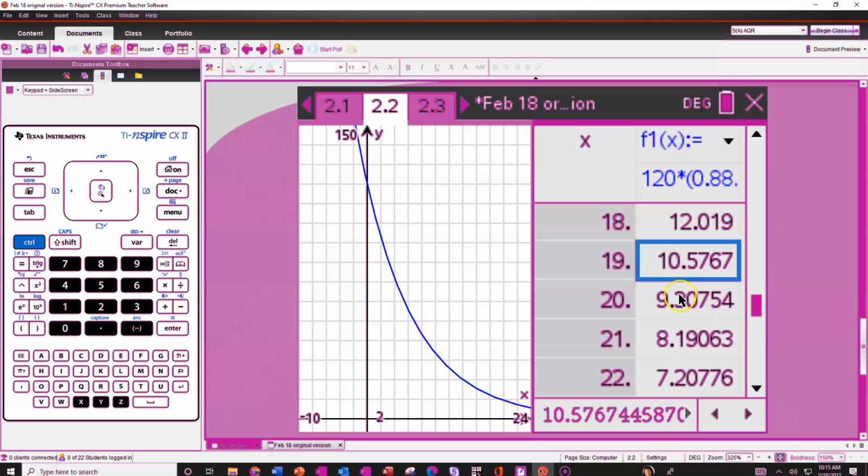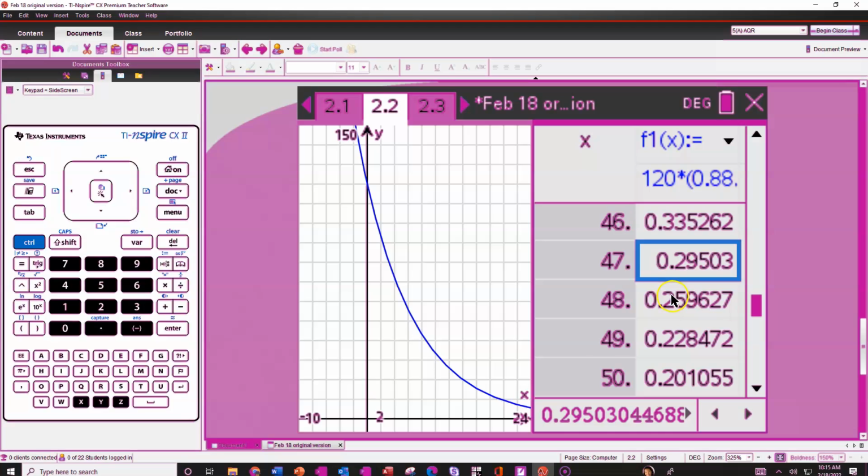You might ask, how long does it take to get out of your system, period? That means when does it get to 0? The mathematics says it never gets to 0. But once you've gotten down to about here, 75 hours have gone by.